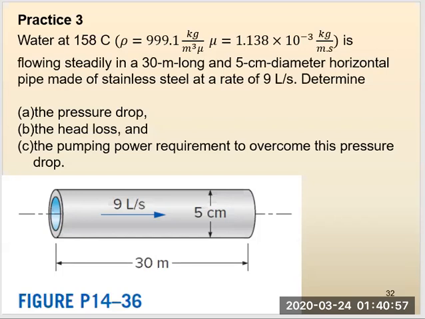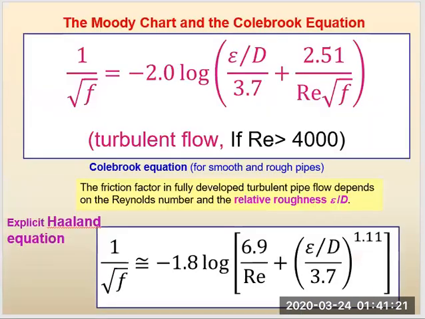Obviously, again, you need to define your regime of the fluid flow first. Then you need to choose the equation to calculate your Darcy friction factor. You need to see if it's turbulent or laminar. If it's turbulent, then you need to use one of these equations, and my recommendation is to use this one, not that one, because this one is easier to calculate.